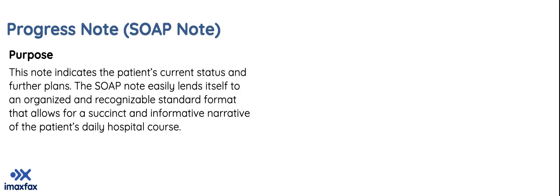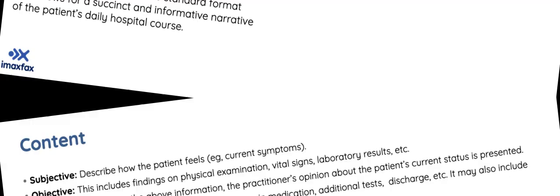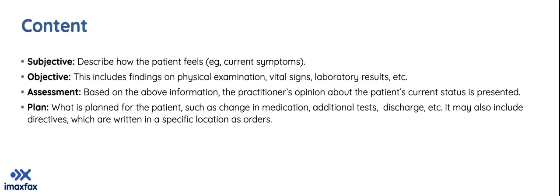Progress note, usually the purpose of the progress note is to write SOAP notes. We are giving the SOAP details in the next slide. The content of SOAP note is subjective: describe how the patient feels, if the patient has pain or something like that.